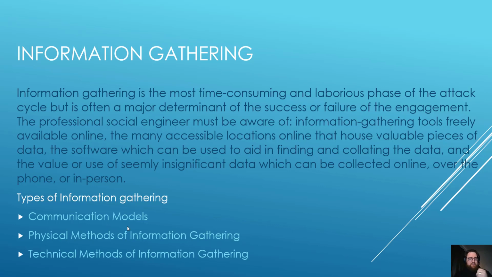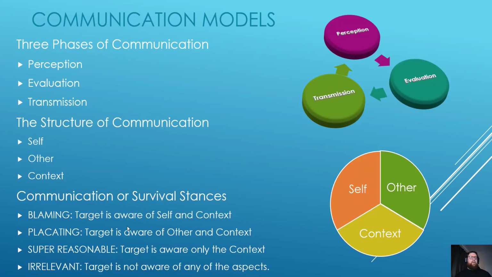Okay, so types of information gathering: communication models, physical methods of information gathering, and technical methods of information gathering. We are going to see that on the next slide. The communication models: three phases of communication: perception, evaluation, and transmission. Okay, the structure of communication: self, other, and the context.